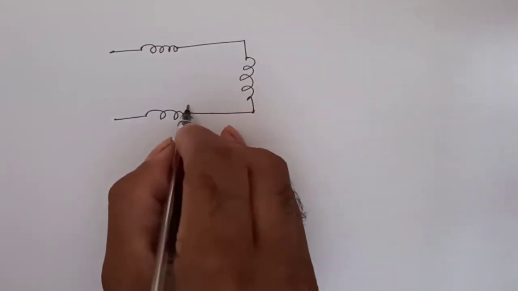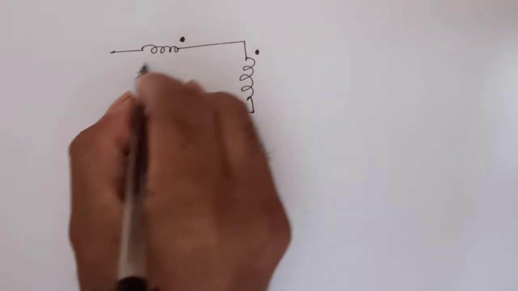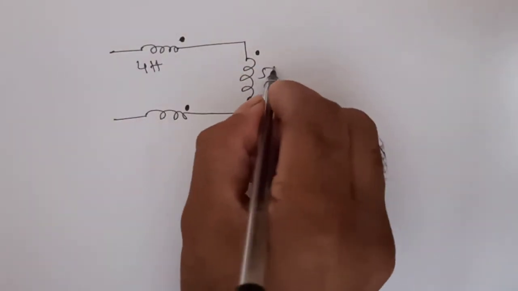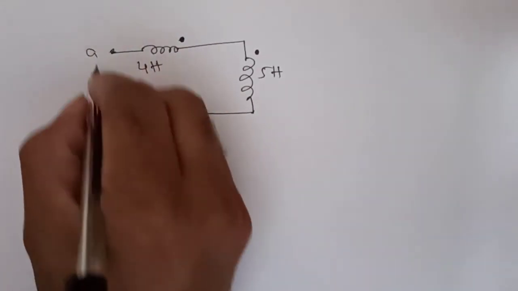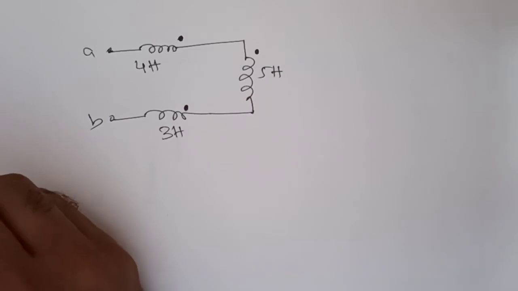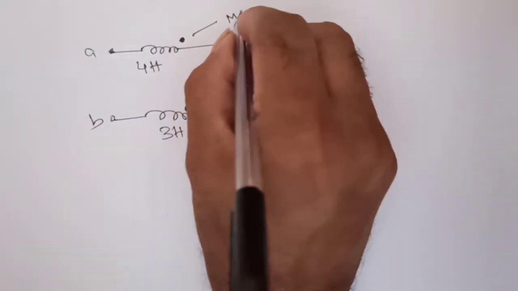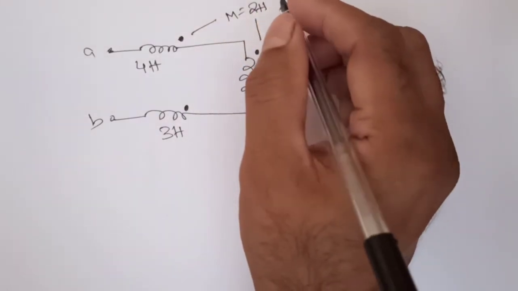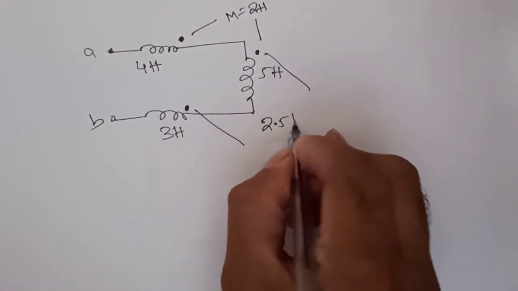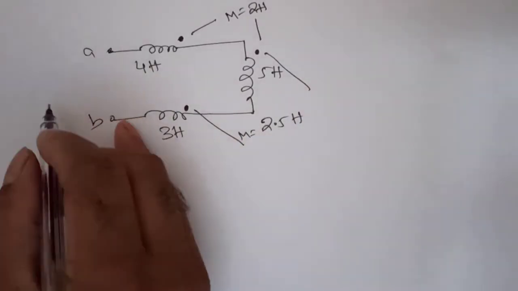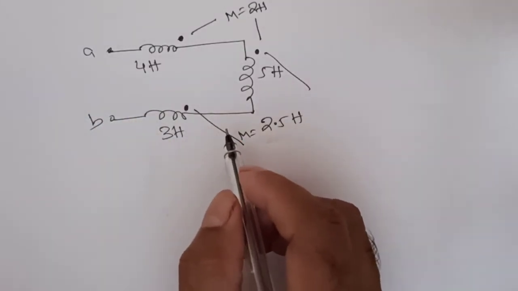Let us assume self-inductances of 4 Henry, 5 Henry and 3 Henry between the nodes A and B. The mutual inductance between 4 Henry and 3 Henry is M equal to 2 H, and between 3 Henry and 5 Henry the mutual inductance is 2.5 Henry. For the given problem, find the effective inductance.